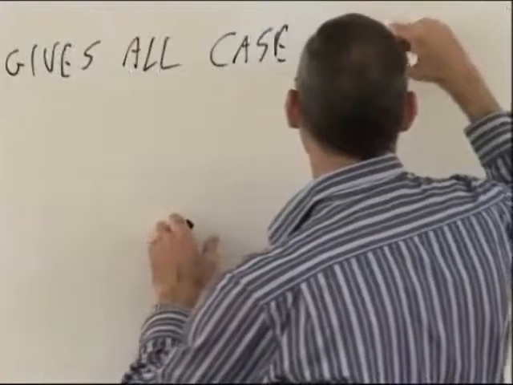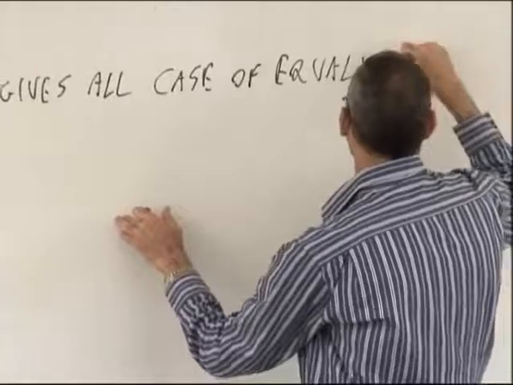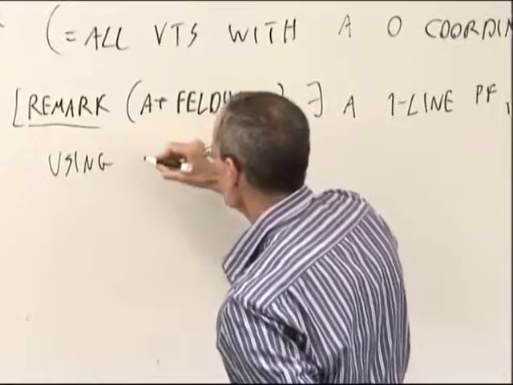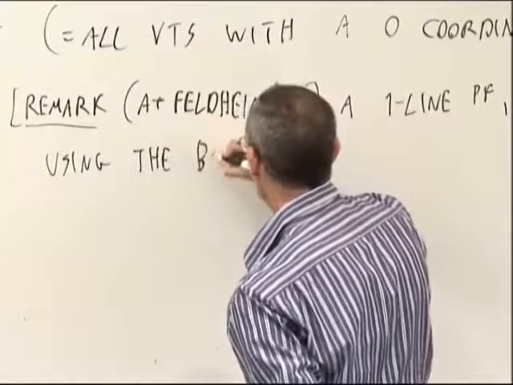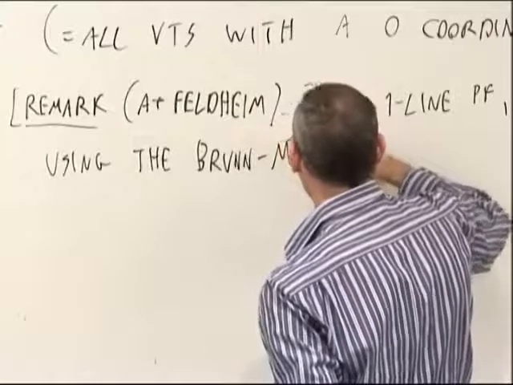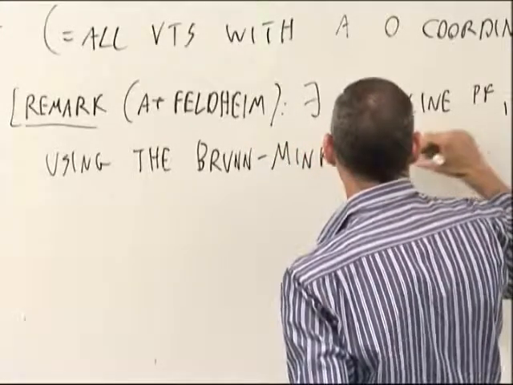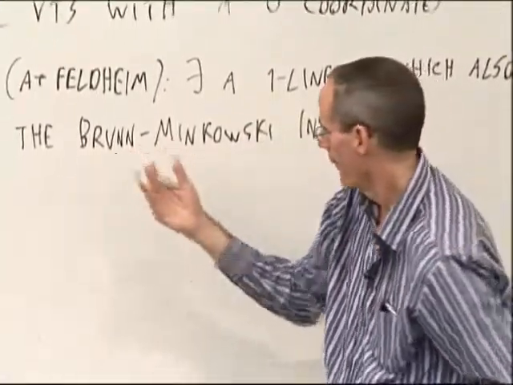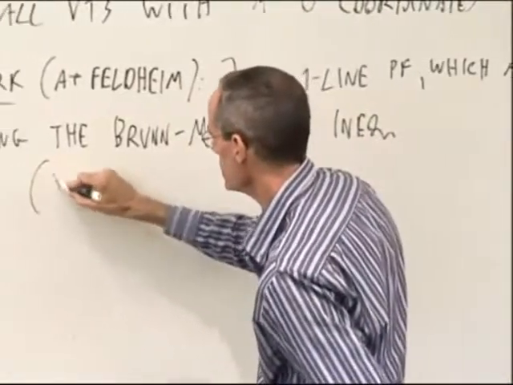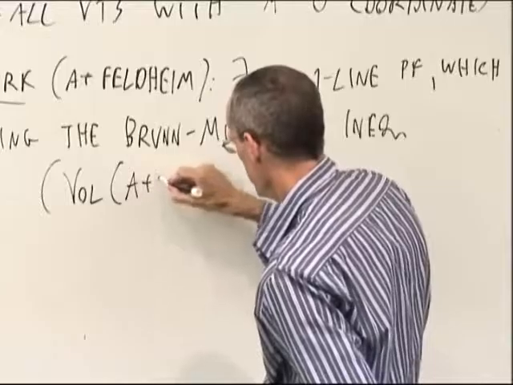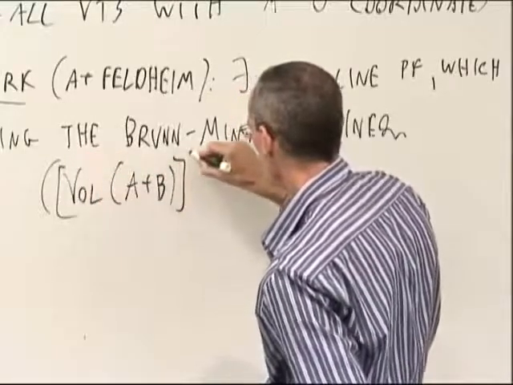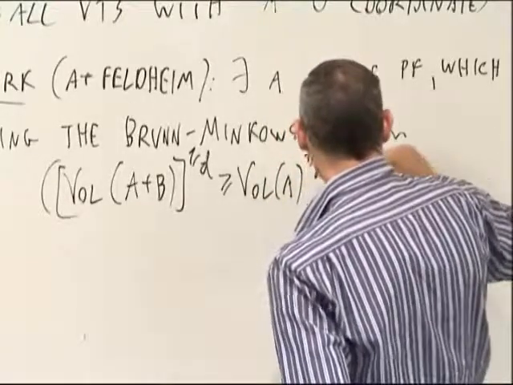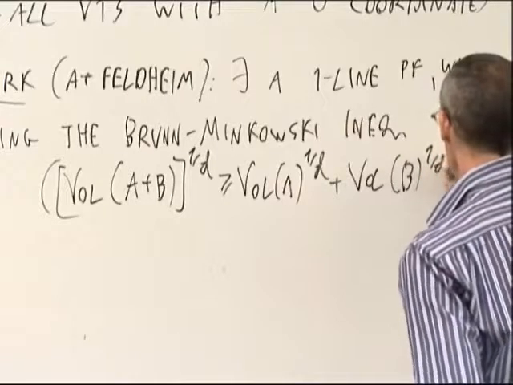Cases of equality, and it uses something that maybe in retrospect is not so surprising. Using the Brunn-Minkowski inequality, which says that for bodies in the d-dimensional space, if we look at the volume of the sum of two bodies, the Minkowski sum, it's at least the volume of A to the 1 over d plus the volume of B to the 1 over d.